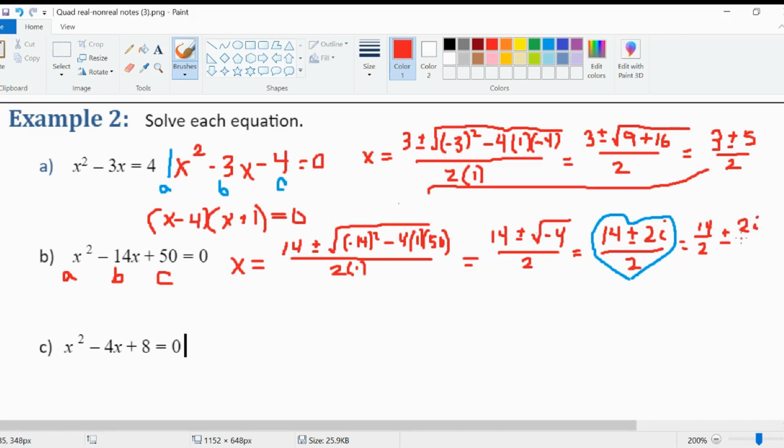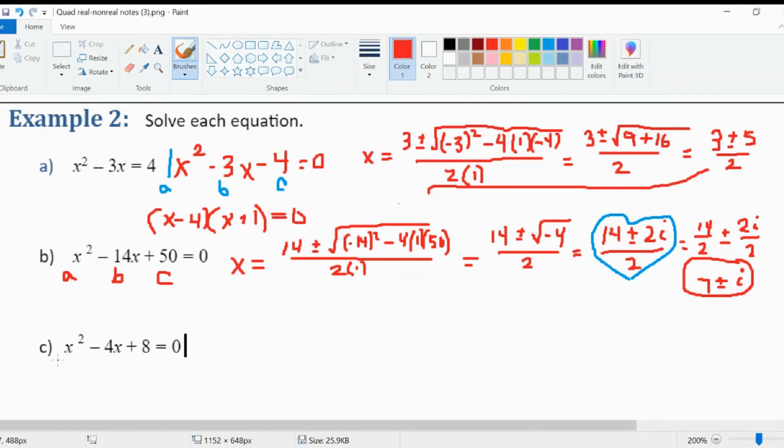So it's a sum or difference. That means that the denominator is the same for both those fractions. And then we can continue to simplify. That's going to be 7 plus or minus i. So there would be our final result. And that accounts for both answers. 7 plus or minus i is 7 plus i and 7 minus i.